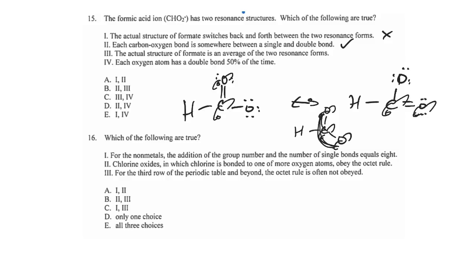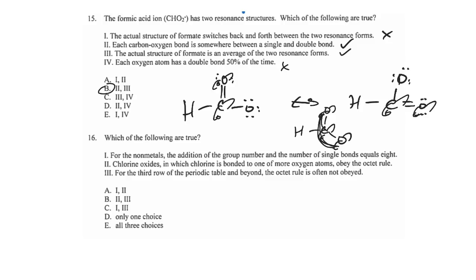That is true. Both bonds would be equal in length, indicative of a bond order of about 3/2. The actual structure of formate is an average of the 2 resonance forms. That is a better statement of how to describe resonance, it's more of a compositing of the 2 structures. And then each oxygen has a double bond half the time. Not true. It has a double bond none of the time. It always has a 3/2 bond at all times. So 2 and 3 are our true statements.